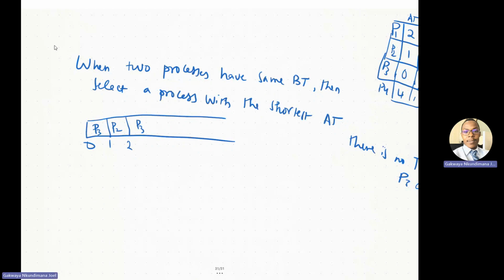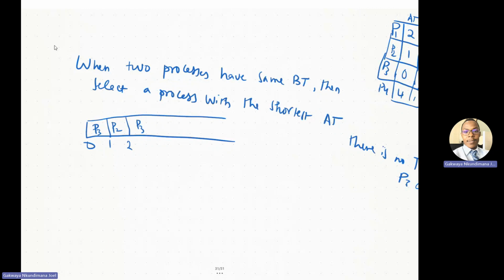P3 is going to continue. When P3 continues here, at time 3, let's say we consider one at a time.